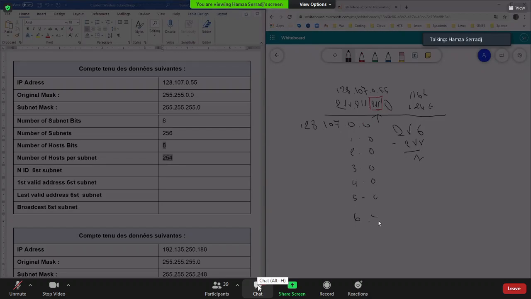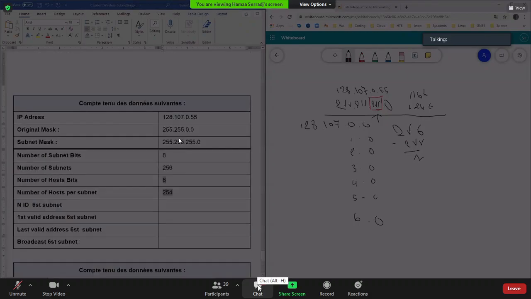So here, this is the seventh one. Okay, seventh one, I put 6.0. Yeah, 8 bits, 8 bits, and the sixth subnet. This is the first, second, third, fourth, fifth, sixth.